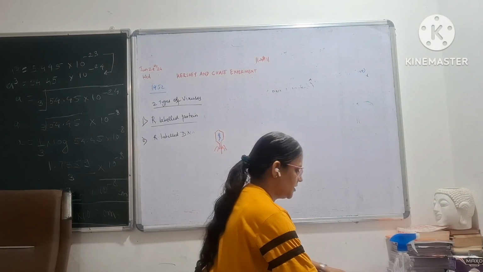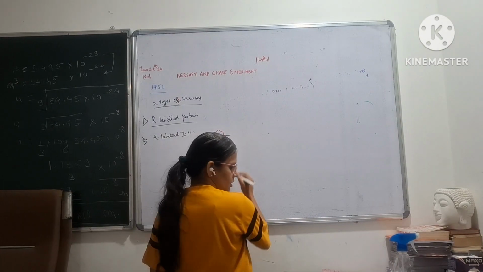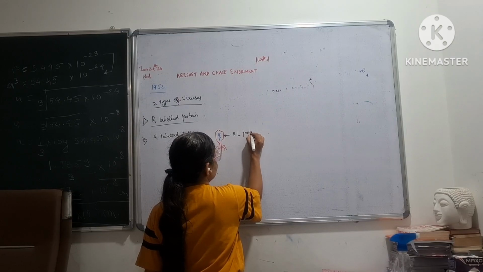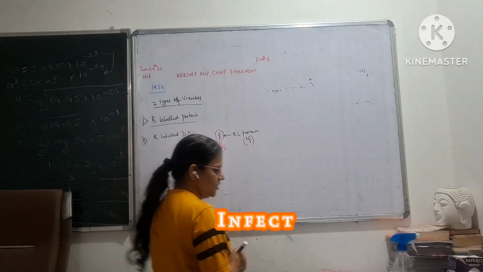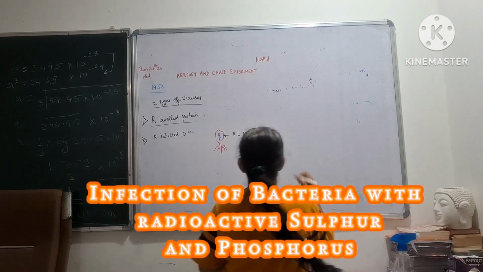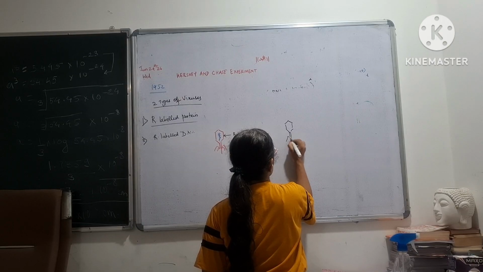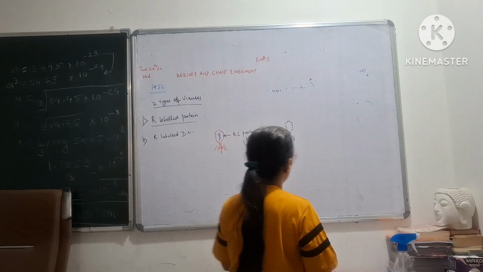Now, red color I am designating because it is radioactively labeled, right? So here I am having radioactively labeled protein which is having sulfur, S35. And here I am having another bacteriophage, right? Another virus which is having radioactively labeled DNA.